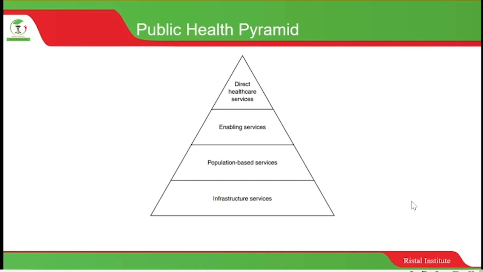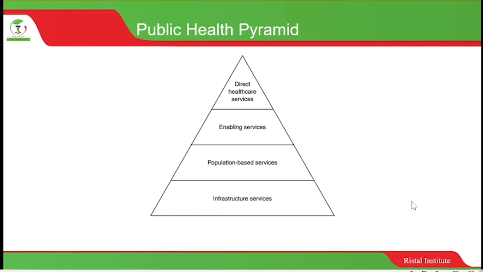So this level, the population-based health services, can include interventions aimed at the entire population rather than an individual. Here the interventions target a group of people rather than an individual.